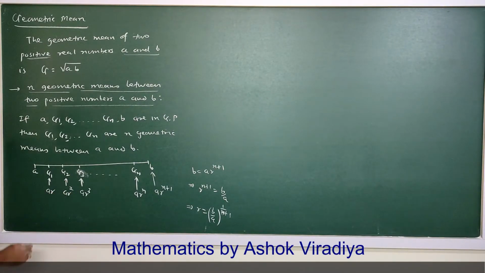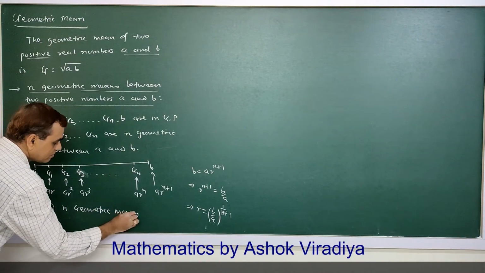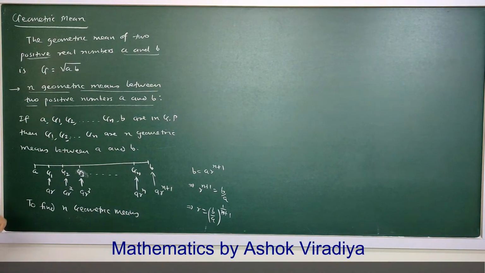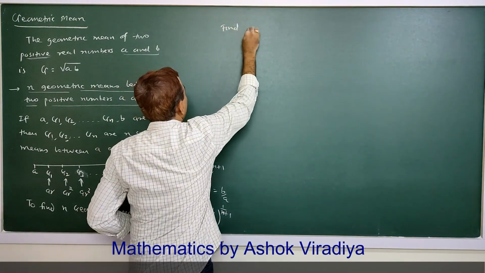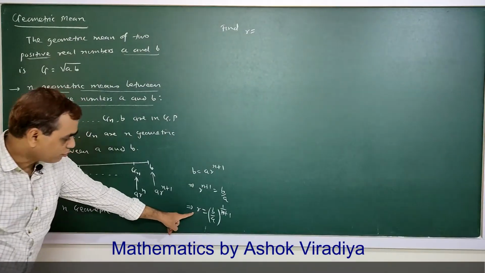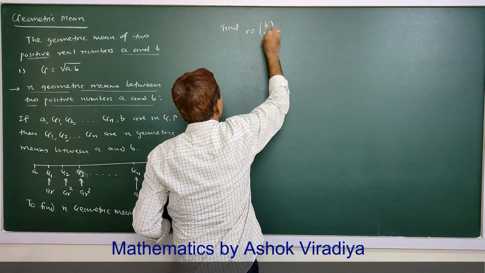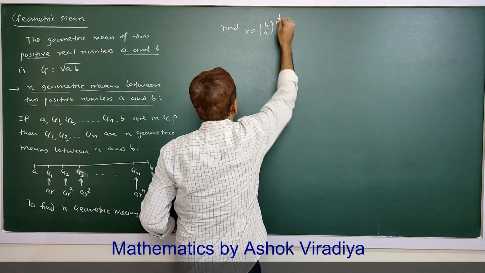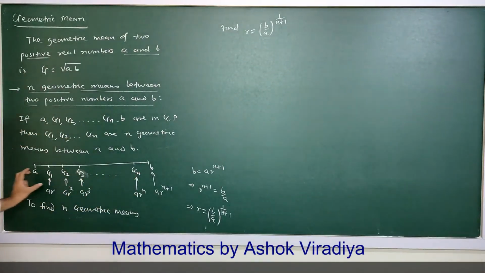So here, to find n geometric means, first of all we find R by this formula. R is B by A raised to 1 upon n plus 1. That is the first step. It comes from this calculation.